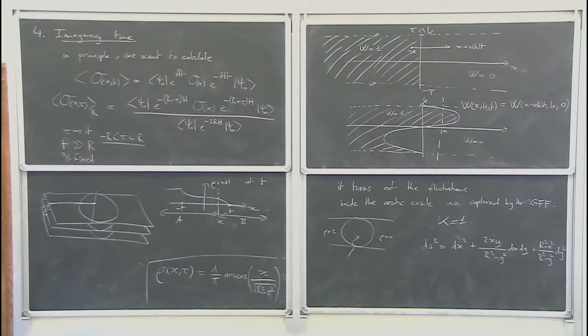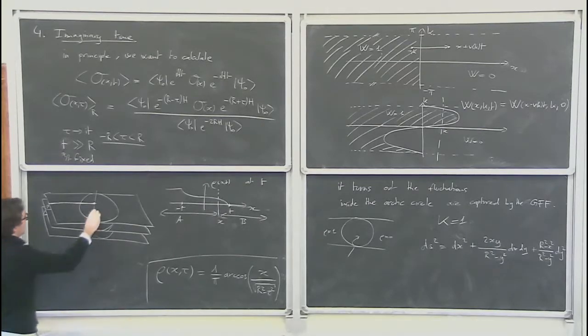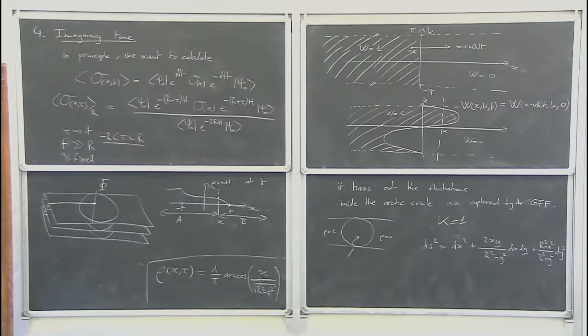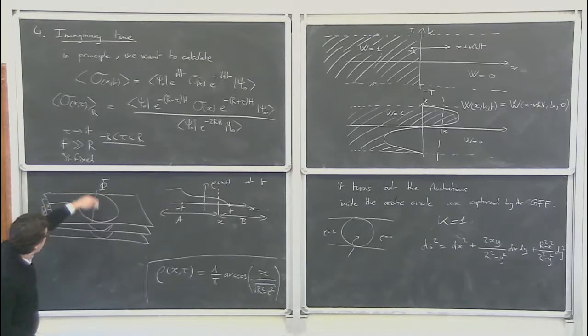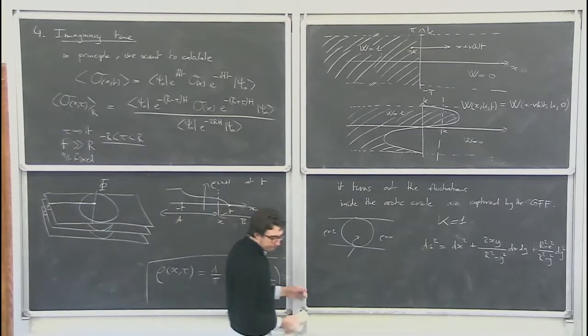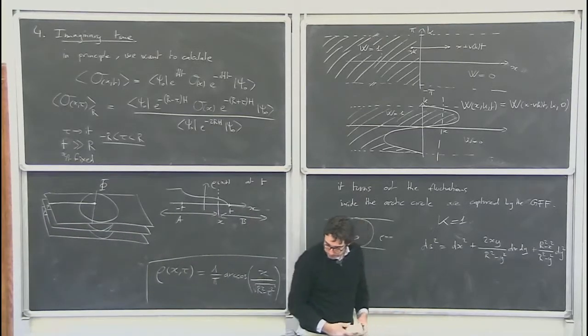And again in field theory, this is just some operator phi. So what we end up with is the expectation value of an operator phi inserted inside this Arctic circle. The other operator phi is at infinity. Okay?